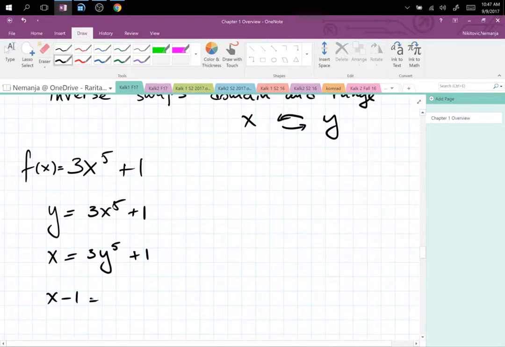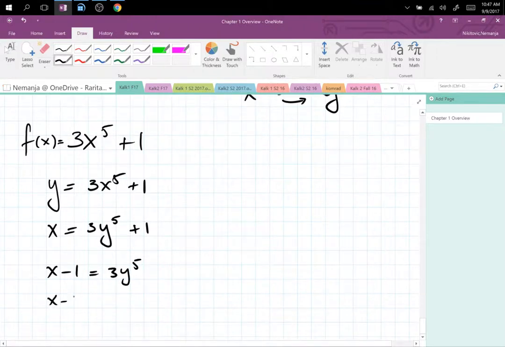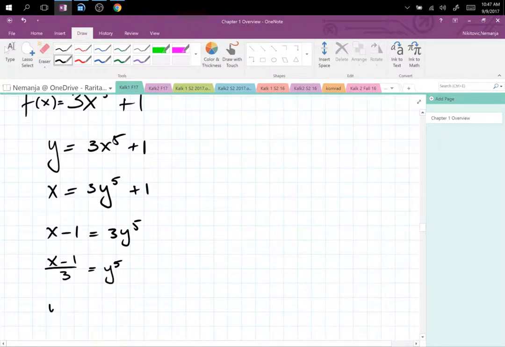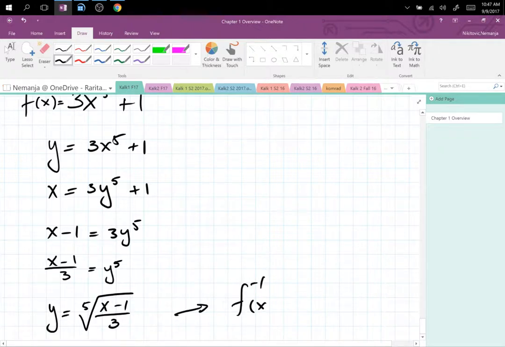Move 1 over, divide by 3, and then finally solve: y equals the 5th root of (x minus 1) over 3. You will write that the inverse function is the 5th root of (x minus 1) over 3.